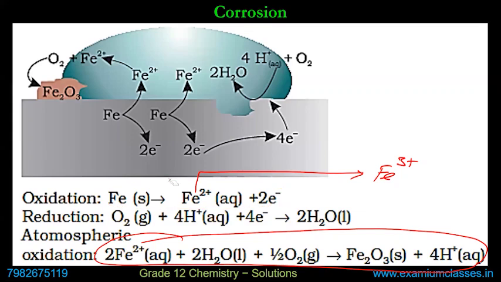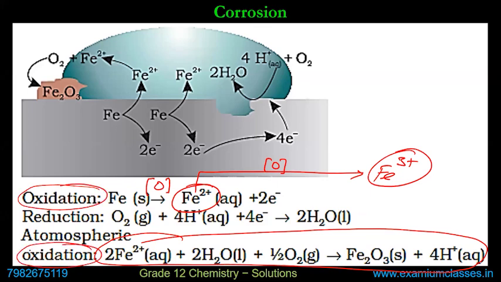Two oxidations are taking place, as I keep saying. The first oxidation converts iron to FeO, then FeO gets oxidized to Fe2O3. First oxidation from Fe to Fe2+, second atmospheric oxidation from Fe2+ to Fe3+. As I said for other reactions also, write these reactions 3, 4 times. You have to memorize them.